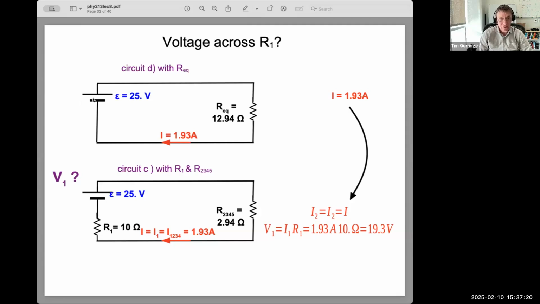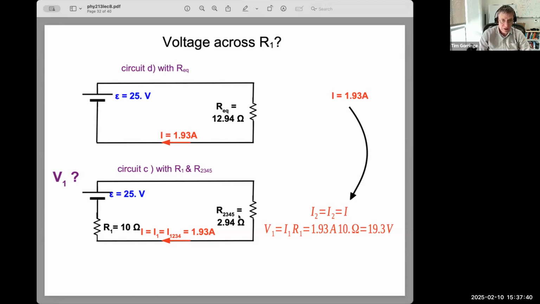It's a current that's supplied by the battery and dissipates power in the resistor. Then the second circuit I want to compare this with is this circuit down here. It's one of the equivalent circuits on the way to this final circuit. Actually, it's the one just before this final equivalent circuit.